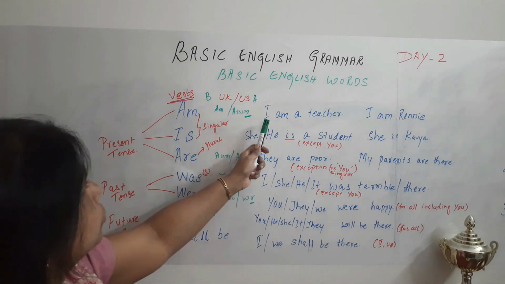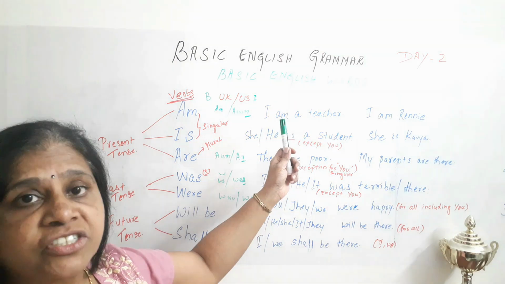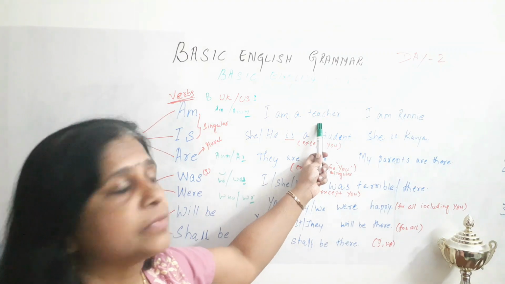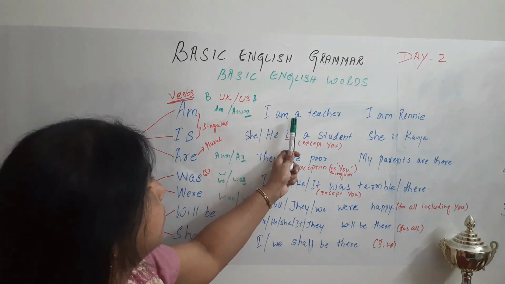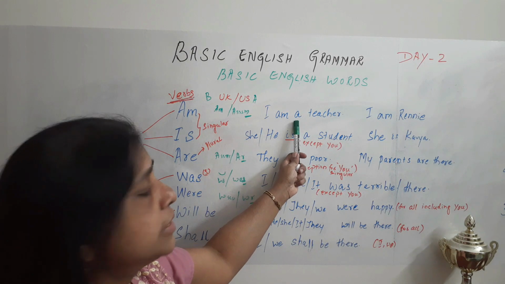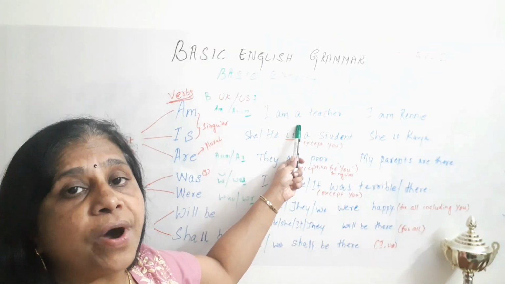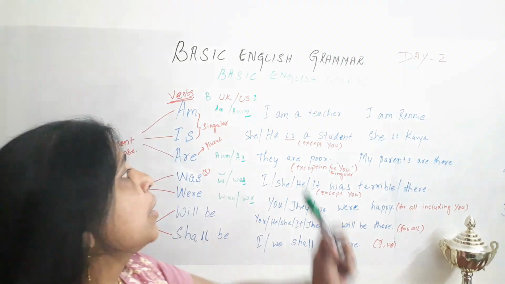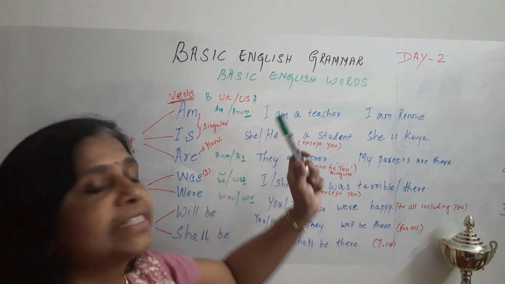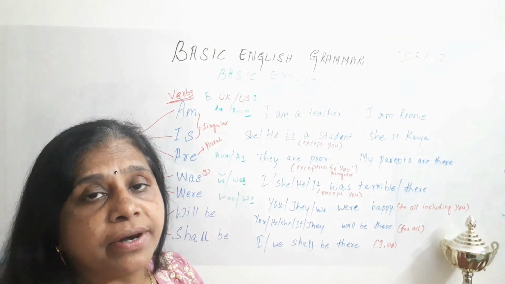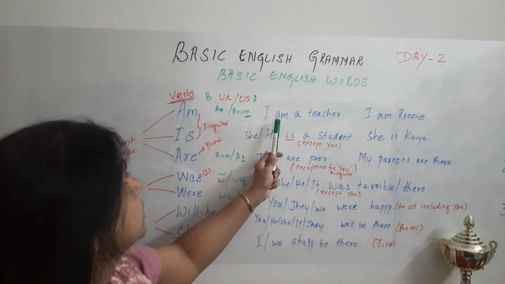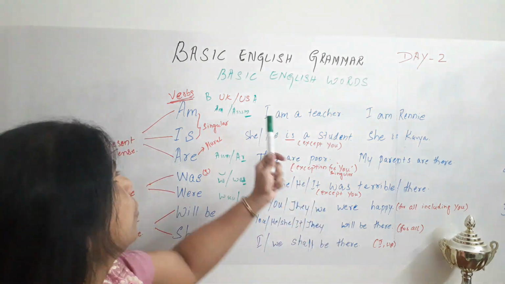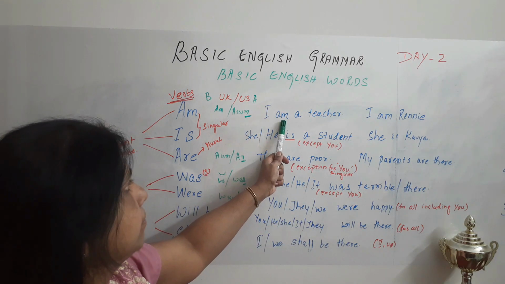And how to structure the sentence here? I am a teacher. Here, I am a teacher. A denotes single, one. So we need to understand that we are using am for single, that is for one, as well as am always comes with I. For I, we use am.